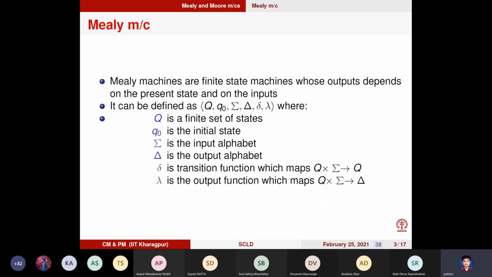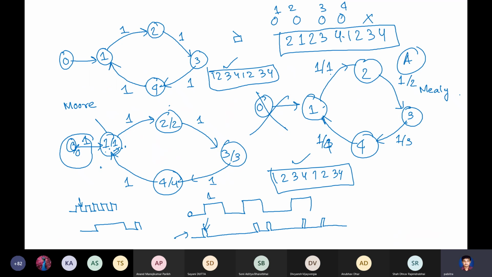Okay, so I'll talk about the Mealy machine first. These are finite state machines whose output depends on the present state as well as the input. So if we see this diagram, you can see that the output, which is this, depends on the state as well as the input.